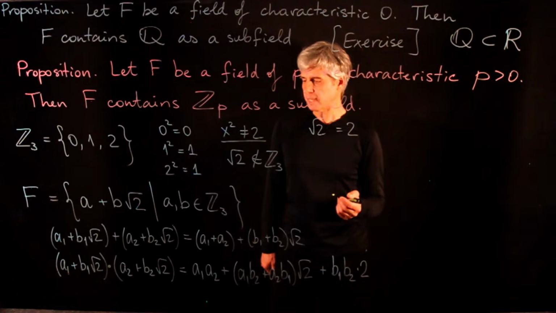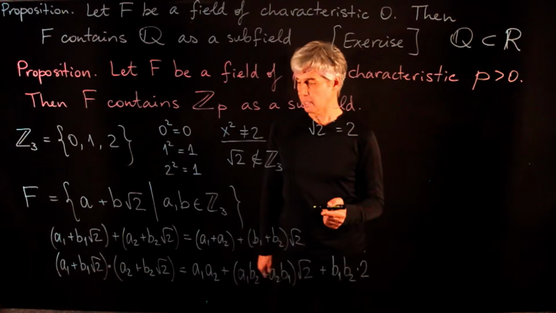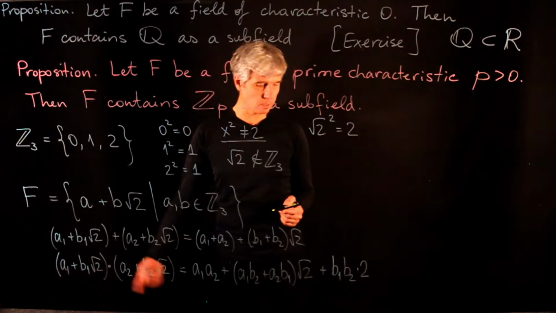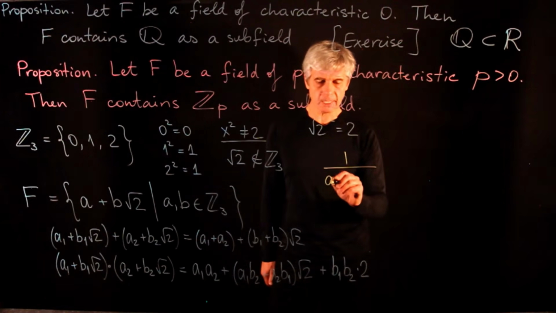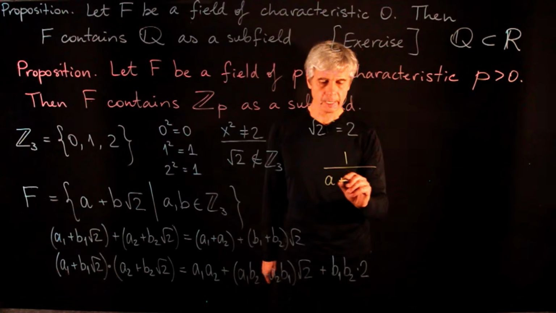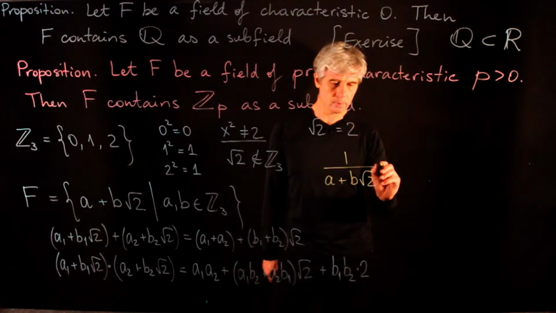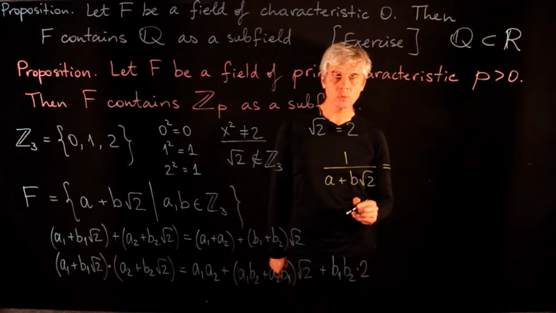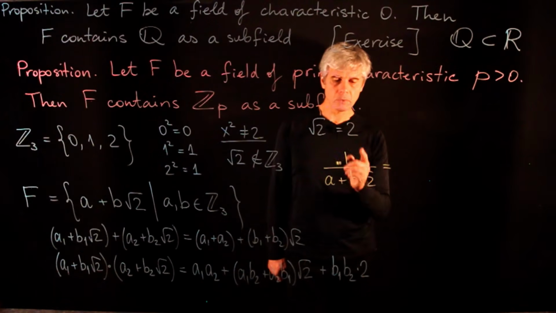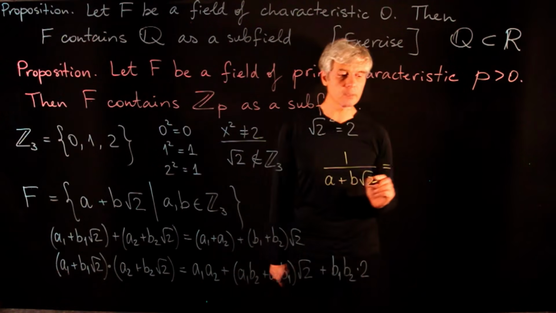Now, the real question here is about inverses. Can we define inverses for such elements? And so here, what we say is that 1 over a plus b square root of 2. So the trick that we're going to do is we're going to multiply numerator and denominator by the reciprocal.